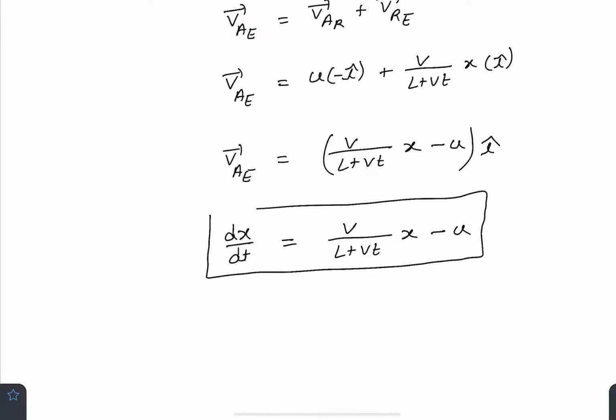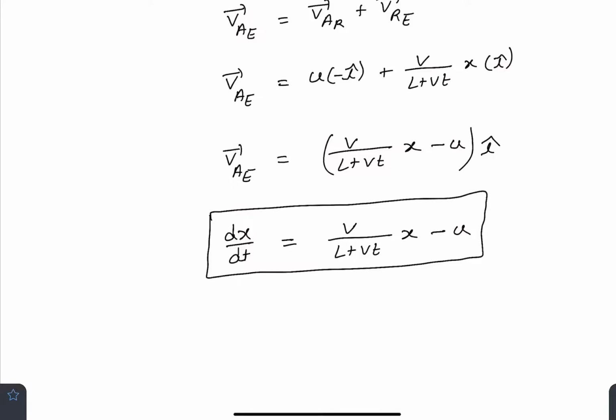So the second part of the problem is now over. We have applied the physics whatever we had to apply. The next part would be the solution of this differential equation. This is a linear differential equation, and if you are in 12th standard, you must know the solution of this.